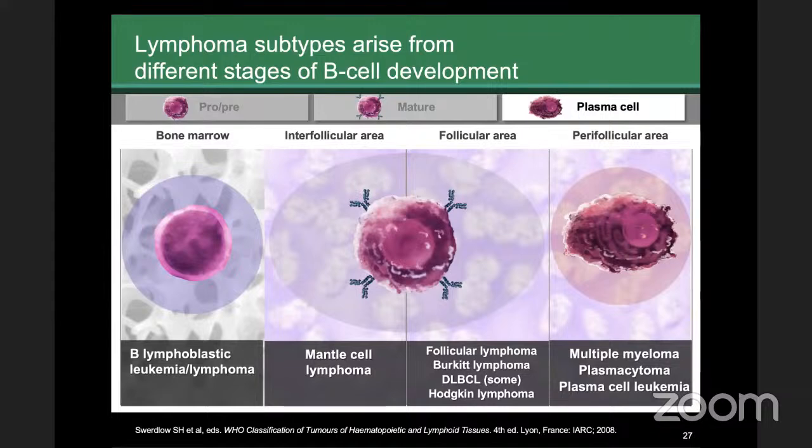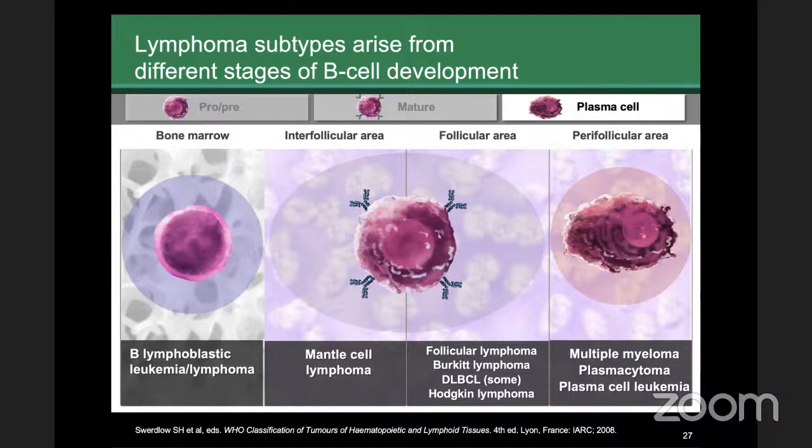That's the factory. And the cells come out of the bone marrow factory, and then they go to maybe the thymus in some cases for the T cells, and the B cells go straight to the lymph node. But when the naive B cell becomes cancerous in the bone marrow itself, it becomes a leukemia. And when it comes to the lymph node, you have different types of lymphomas.